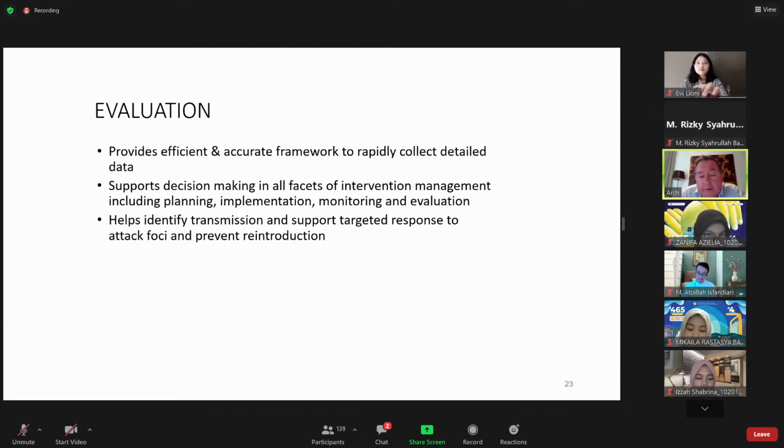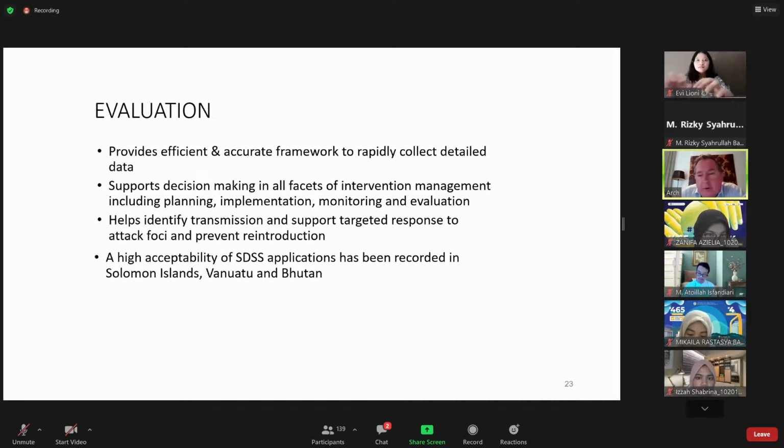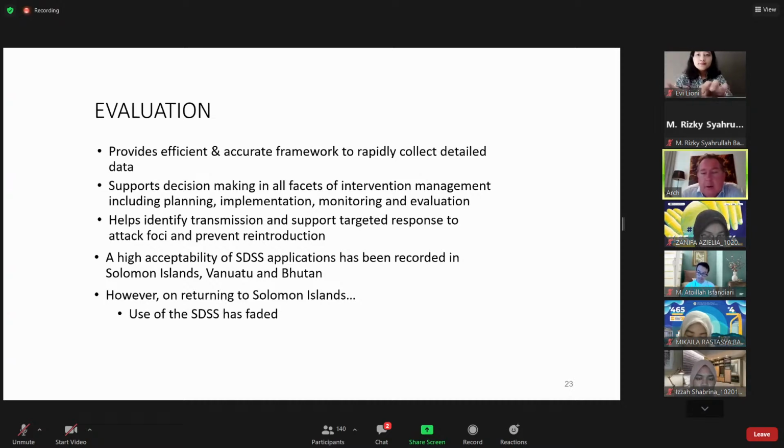And they were found to help identify transmission and support targeted response. And through qualitative research, they were found to have a high acceptability. However, when we returned to the Solomon Islands about 5 years after implementation, the use of our spatial decision support system had faded away. So there are obviously some issues.